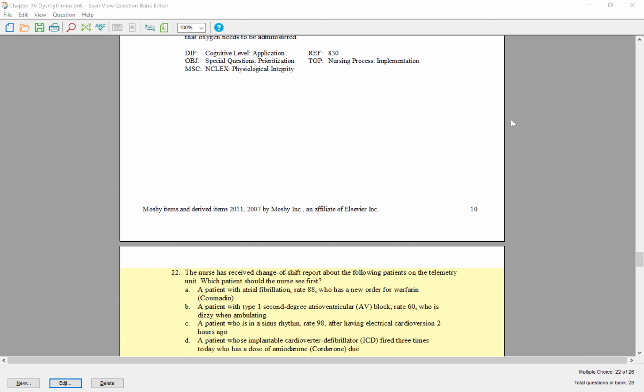Someone who's bradycardic? No, go back. Somebody who has CAD, a history of CAD, who has abnormal heart rhythm, tachycardia, ventricular tachycardia, or an arrhythmia. Sudden cardiac death.